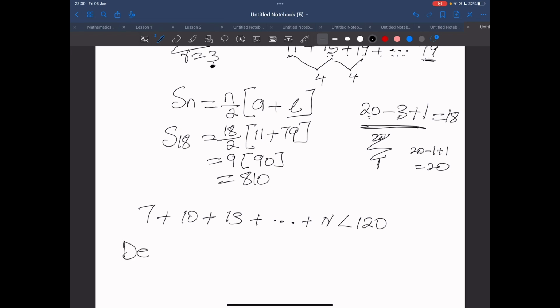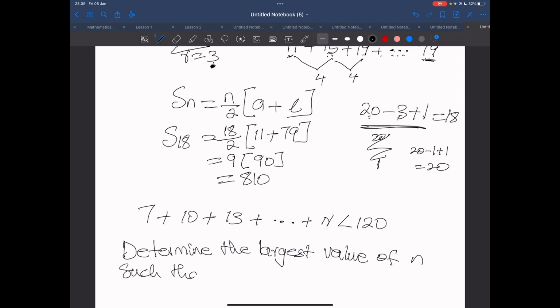Let's write it down. Determine the largest value of n such that, let's write it in sigma notation, we have n here, k equals 1, and we have 3k plus 4.